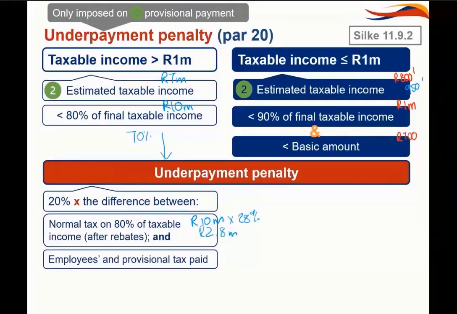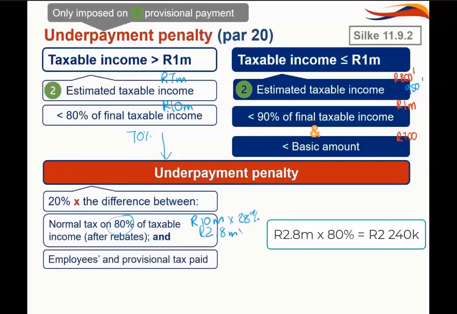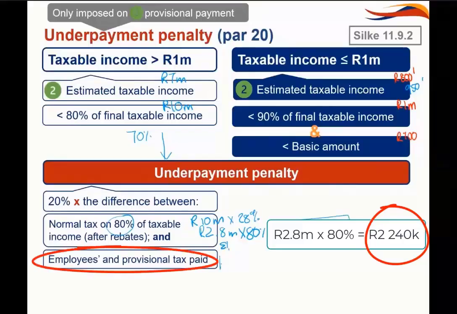But it says 80% of that. So 80% of that, and then 20% of the difference between that and what I've already paid. Okay, the difference between those two, this is my difference. I'm going to multiply by 20%, and that's going to be the penalty.